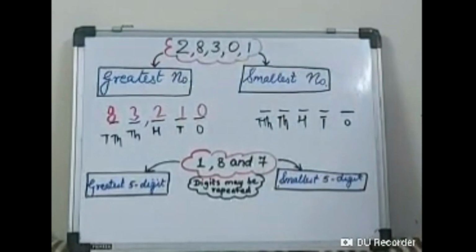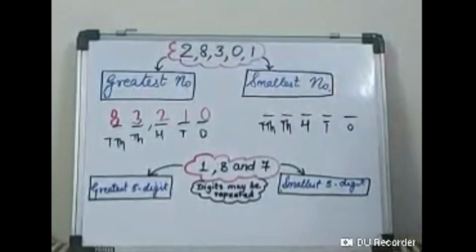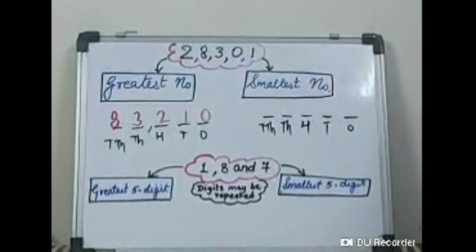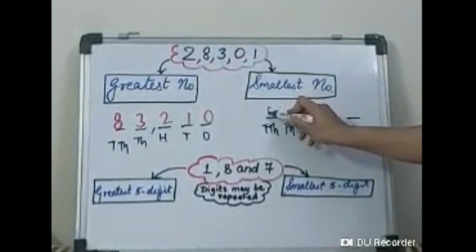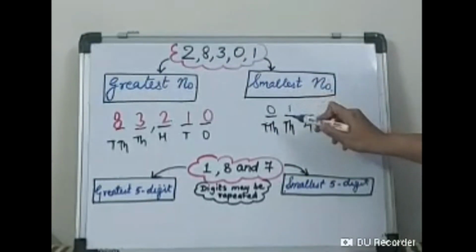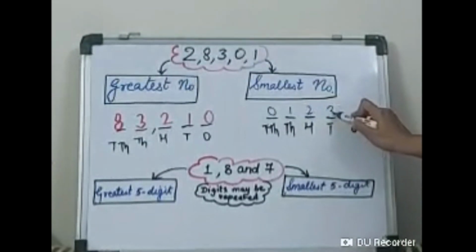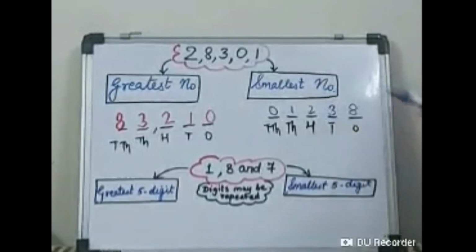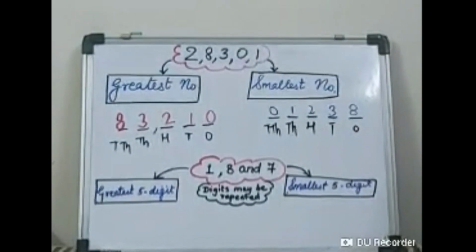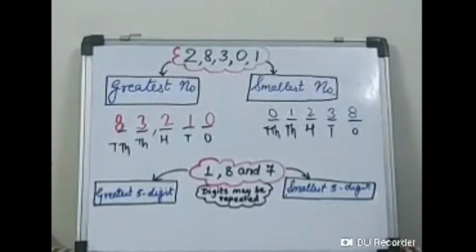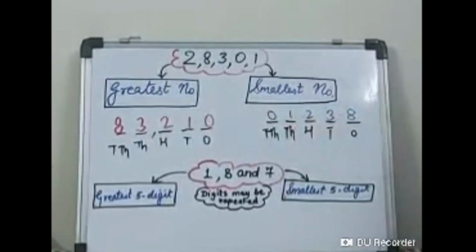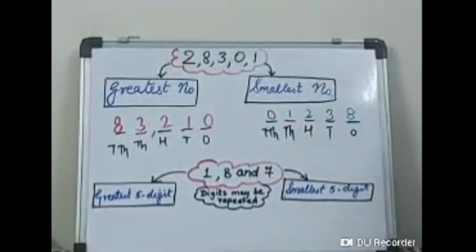Now let us talk about the smallest number. Children, the smallest digit among all these is 0. Then 1, 2, 3 and finally 8. What I have studied, according to that, this should be the sequence to make the smallest number.